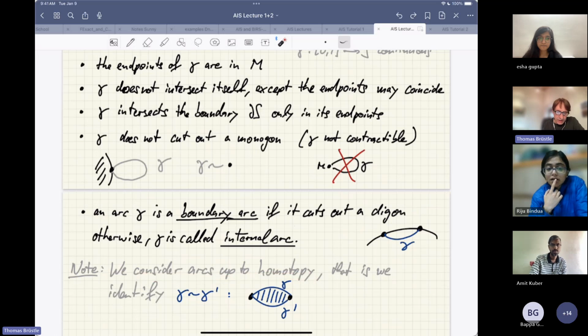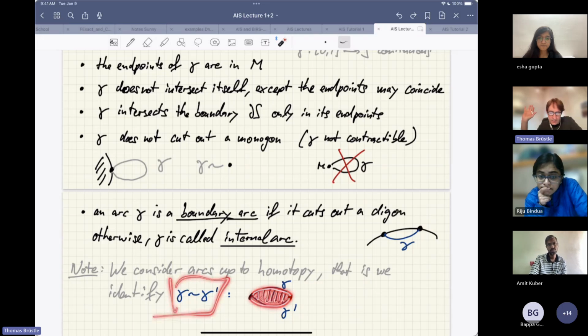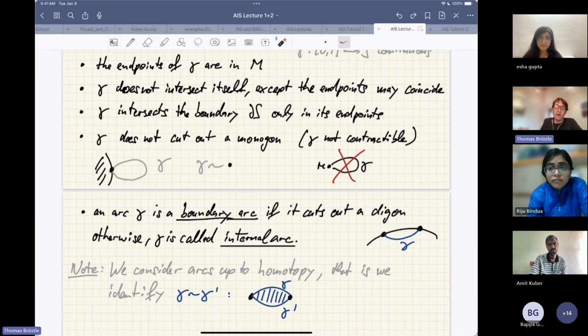That is, when I have two such curves that go from the same boundary point to the same boundary point, and there's a homotopy that can continuously transform gamma into gamma prime, then I consider them equal. This is one arc. So I consider my arcs as homotopy classes of arcs, to be really strict. Otherwise there would always be infinitely many arcs. I do allow myself to move my arcs up to homotopy to any place I wish.